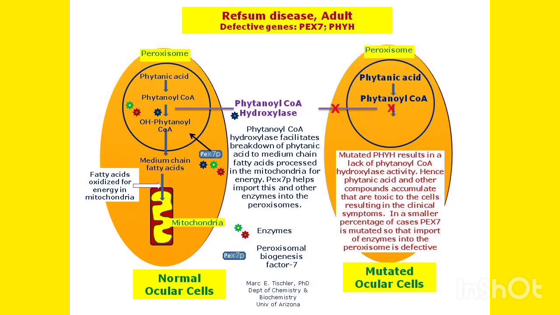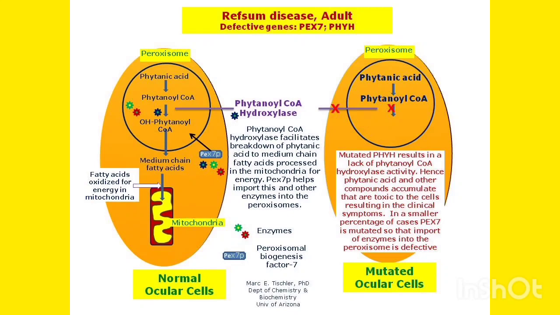Look at this slide. On the left side, it is showing the normal ocular cell. In the normal ocular cell, the phytanic acid in the peroxisome is converted into phytanoyl CoA, and then it is converted into medium chain fatty acid and transferred to the mitochondria. But on the right side you see the mutated ocular cell.